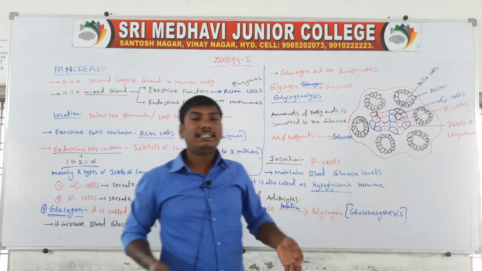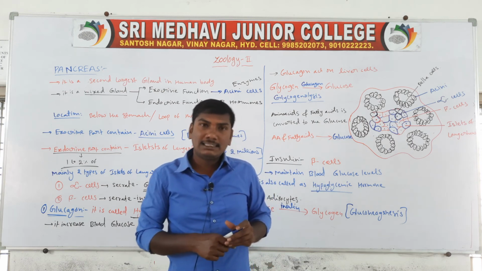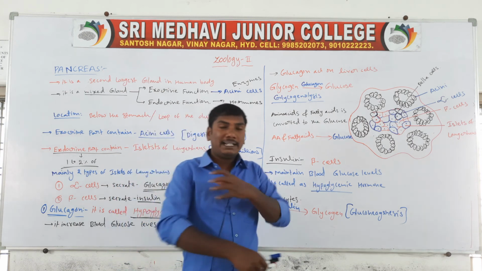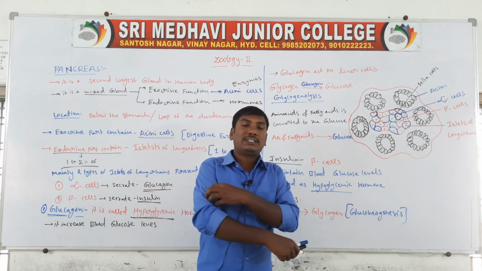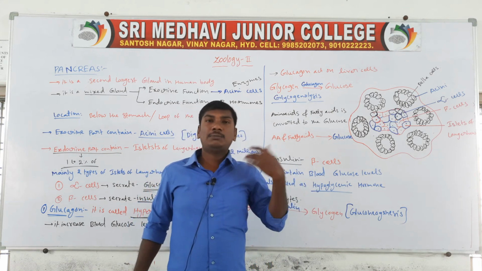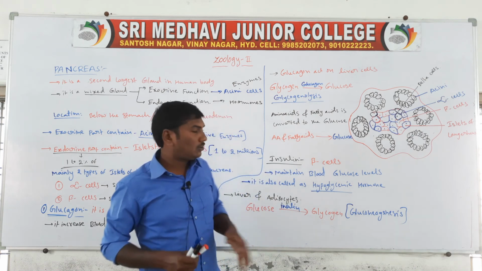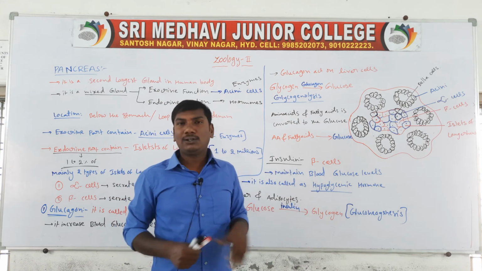Insulin also acts on the liver cells, muscle cells and adipose tissues, promoting utilization of more glucose and so decreasing the blood glucose levels.